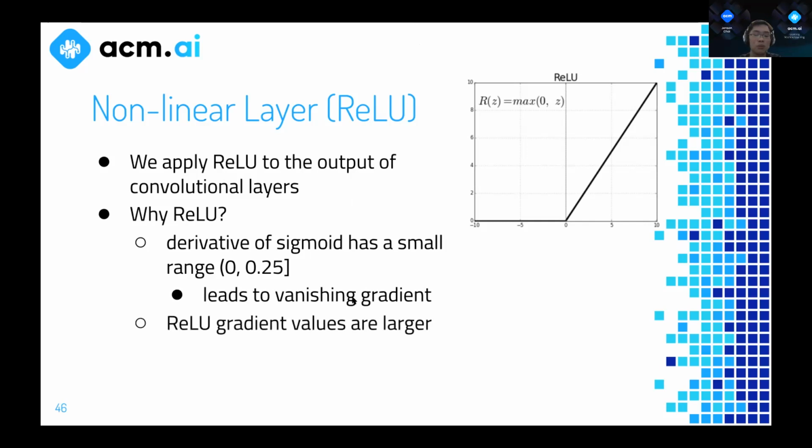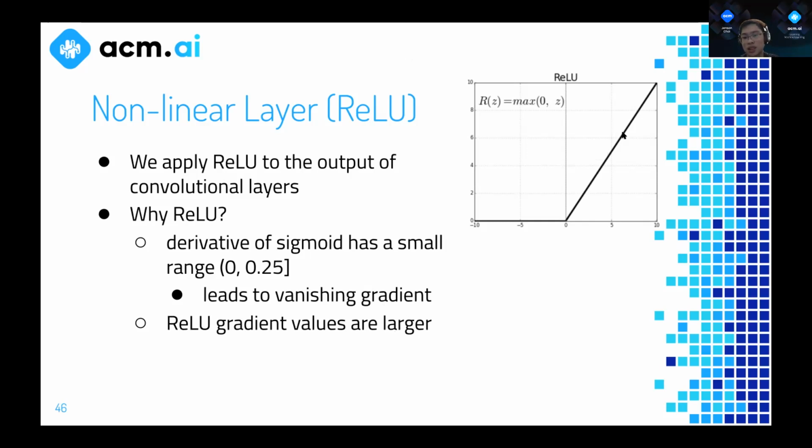Essentially, when we're doing backpropagation, if the gradient is a small value, like between 0 and 0.25, we're multiplying a lot of these small gradients together, and the result would be a value that's very close to 0. So when it comes time for us to update our weights, it might lead to us not updating our weights at all, which would lead to suboptimal performance. The way that Relu solves this problem is by having gradient values that are larger.